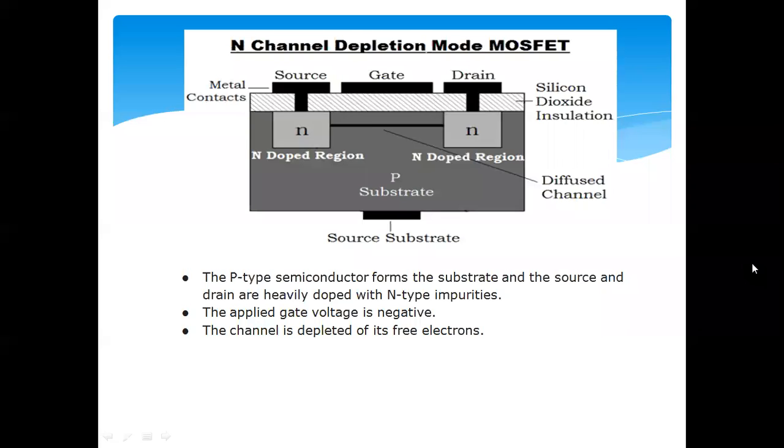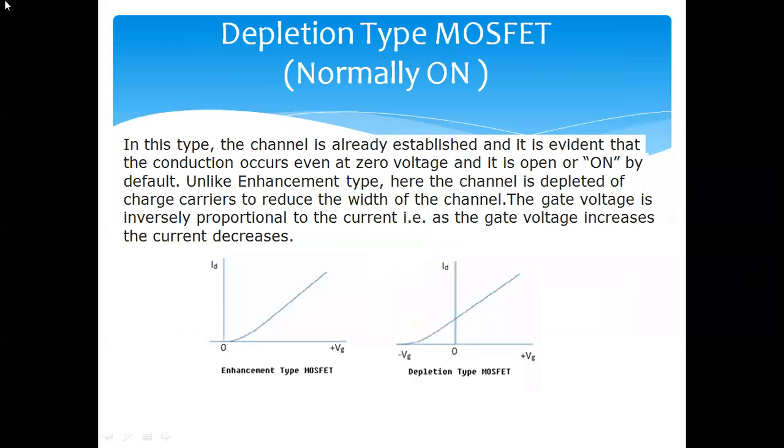Means what? Again, you can refer to the VI characteristics of this depletion type. See, at zero voltage means what? You have applied nothing. Then also you are getting some current here. That means on x-axis value is zero, but on y-axis you are getting something. Means what? On x-axis what is there?